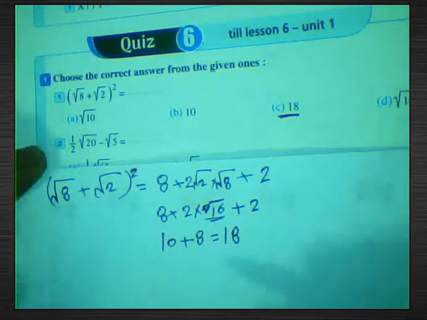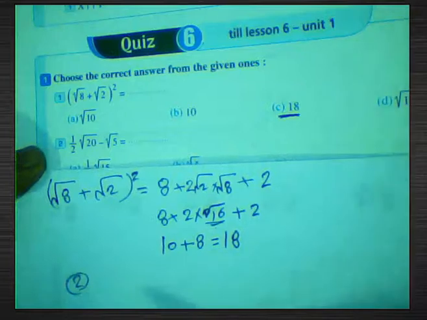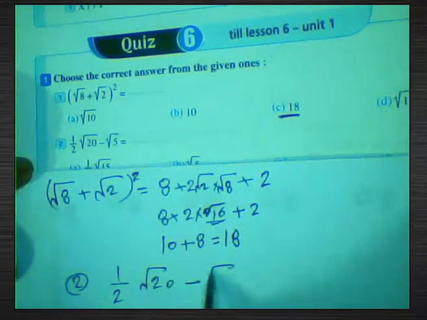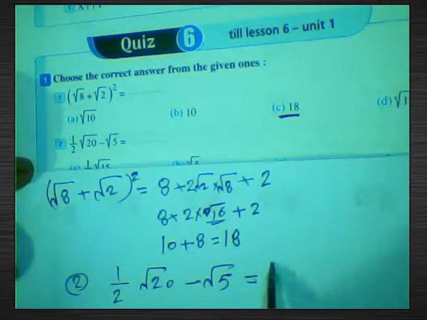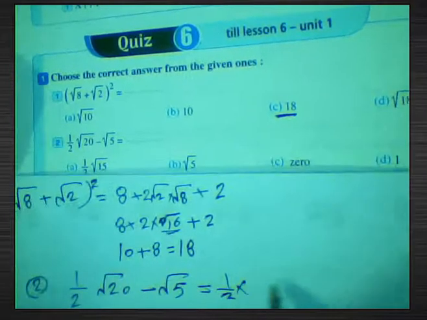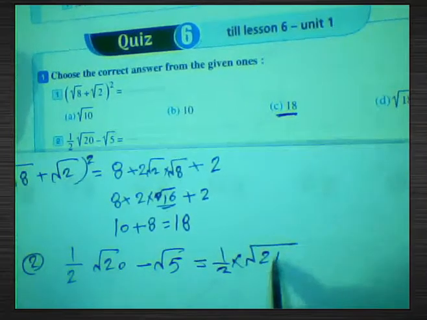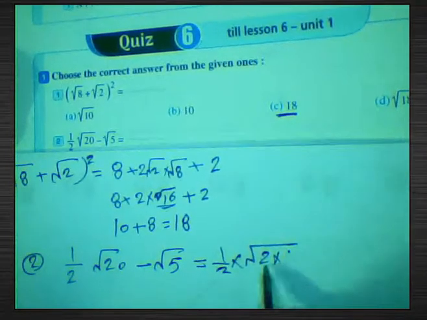Question number 2. You want to find the result of half the square root of 20 subtract the square root of 5. It will be half multiplied by the square root of 20. 20, we know, is 2 times 10 or 4 times 5.